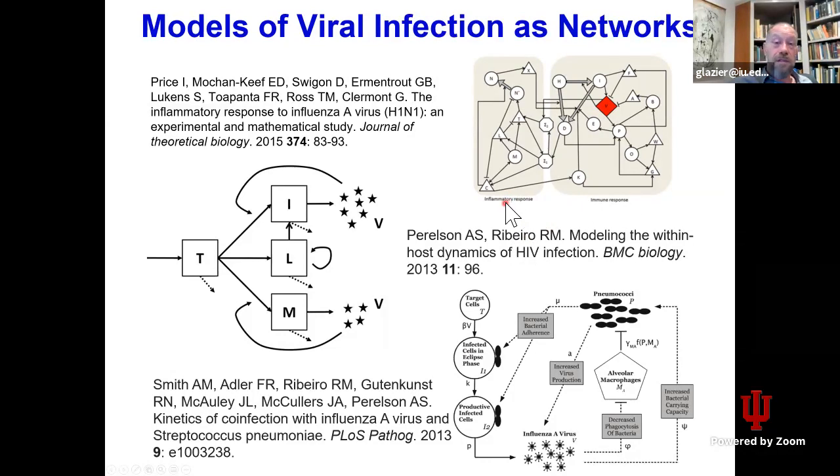So this is a model that's moderately complicated. I have 1, 2, 3, 4, 5, 6, 7, 8, 9, 10, 11, 12, 13, it's only 20 nodes. And probably 30, 40 arrows. This is a simpler model. This is a model of Alan Perelson, one of the great modelers of viruses.